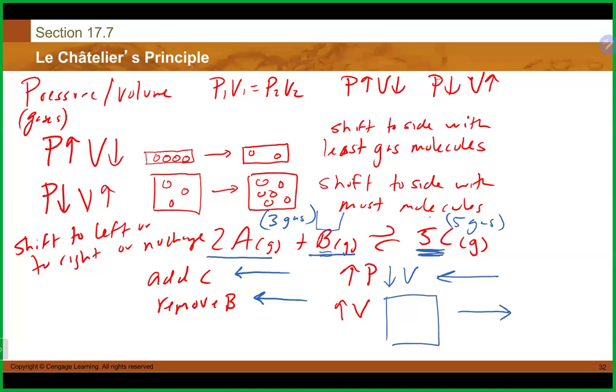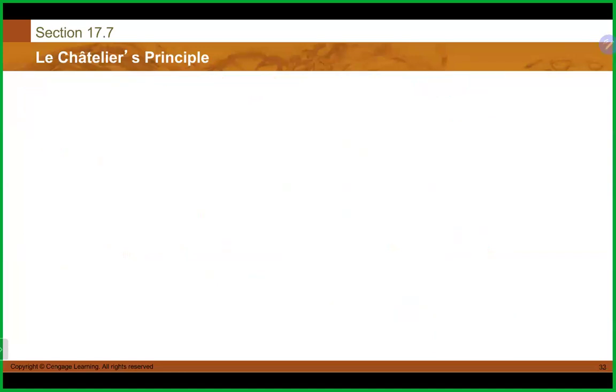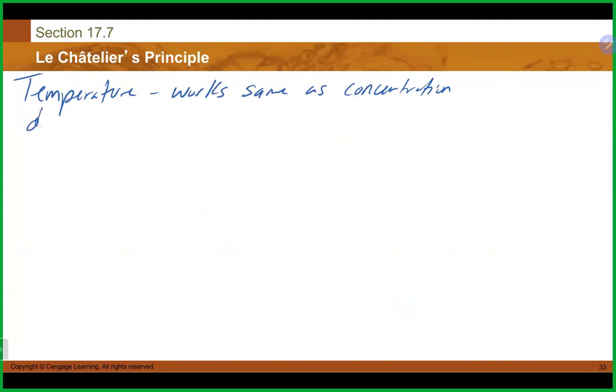Okay. All right, the next relationship we're going to talk about is temperature. And temperature works the same as concentration. So when you add temperature or increase it, it will shift away.